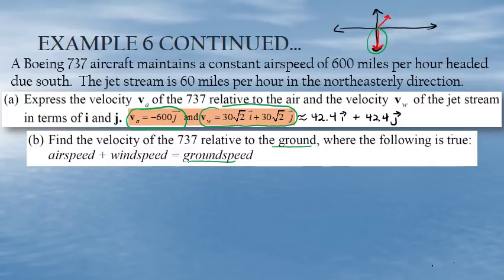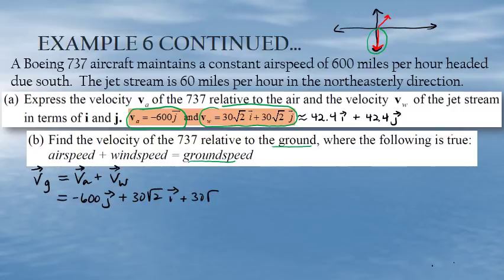So I'm going to call that vector ground speed, I'm going to call it V sub G. Okay? All right, so what they told me is that V sub G is V sub A plus V sub W. All right, and let's see, V sub A, I was told, is negative 600 J, and V sub W is 30 root 2I plus 30 root 2J.